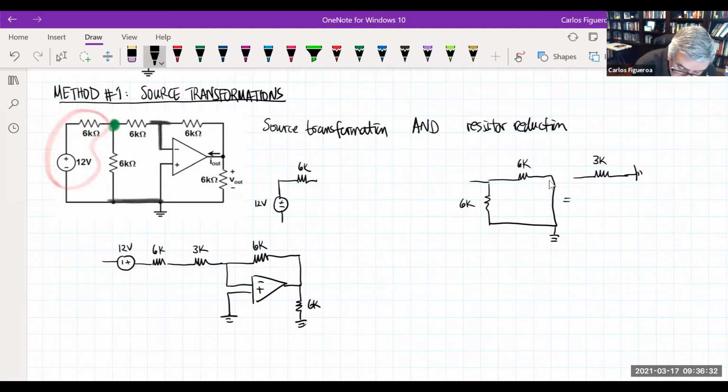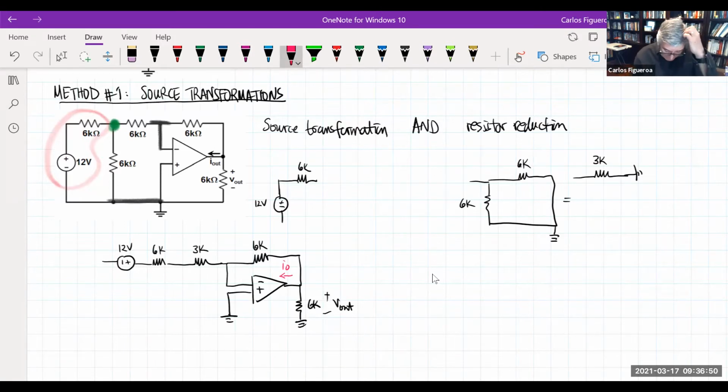And this node right here is, of course, V out, and then this is the current I out coming into here.